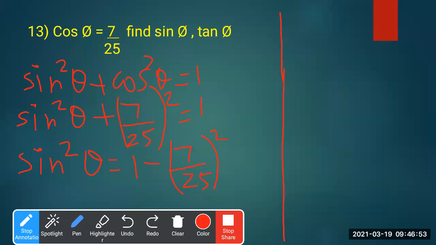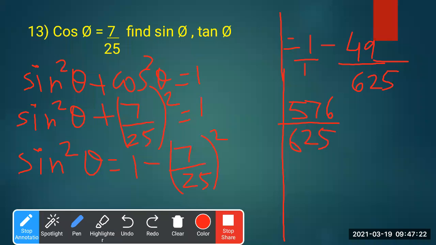Okay, so it will be what? 1 minus 49, that is the square of 7, upon the square of 25, which is 625. Now find 625 minus 49, it will give you how much? 576 upon 625.